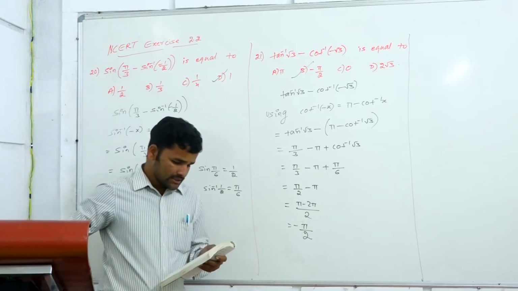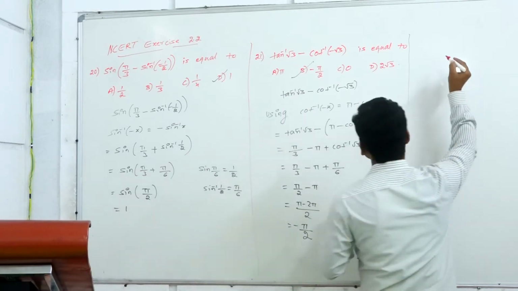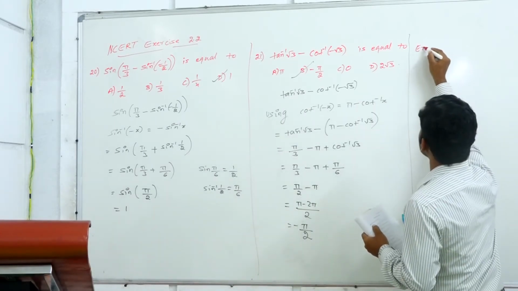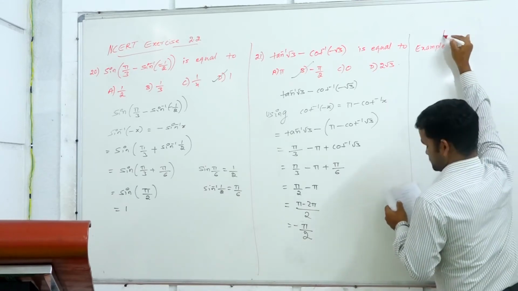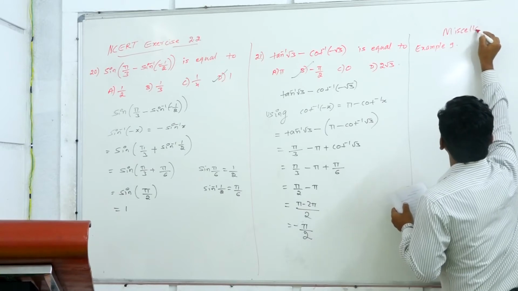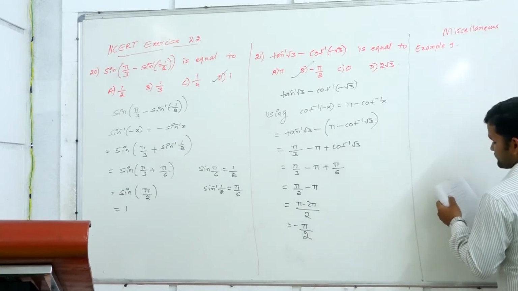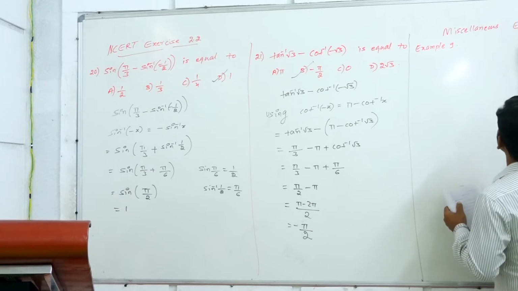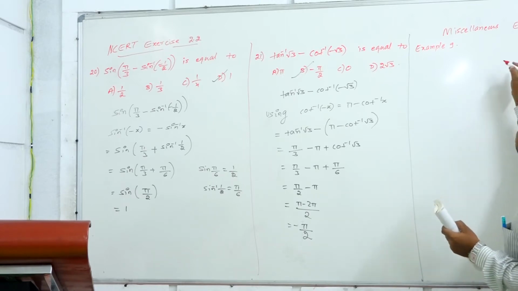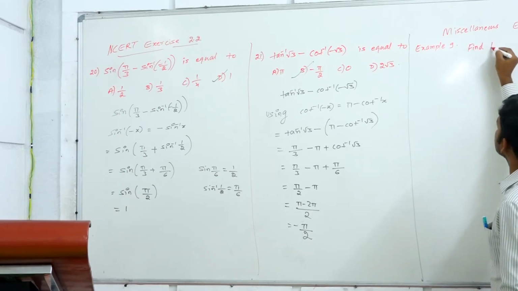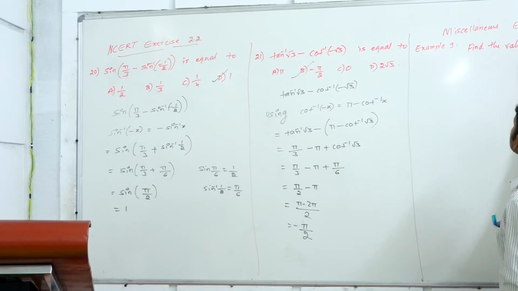It says, find the value of sine inverse of sine 3 pi by 5.